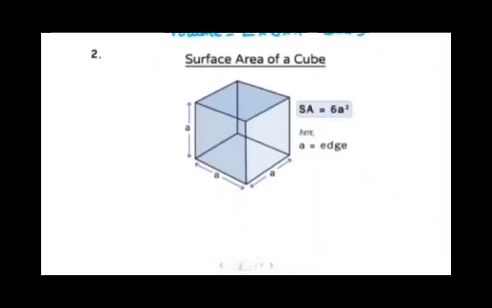Surface area of a cube is 6a square, where a is 1 edge. What is the volume? Volume of a cube. So all the 3 sides, the length, the breadth and the height are of the same value.